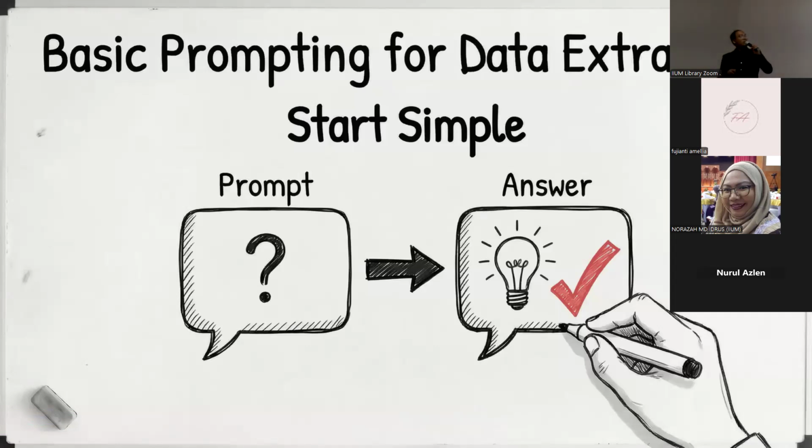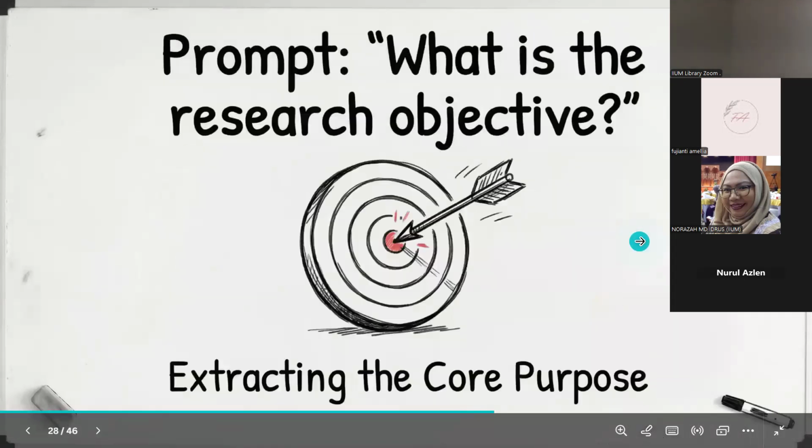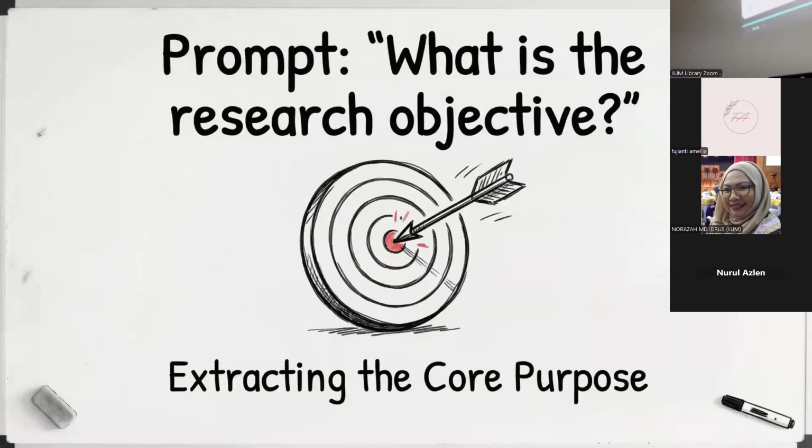We can start with a simple prompt. Maybe I'll give you an example. Just a simple prompt: what is the research objective? Just ask this first, and you can find the answer. I will try on my own also.